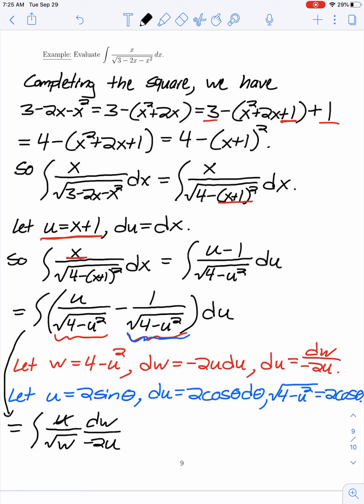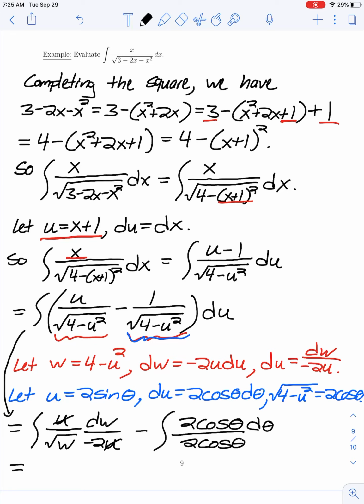So we see here that that factor of u will cancel on top and bottom, so this is why we can get away with a regular substitution instead of a trig substitution. And then we were subtracting the integral of du, which, using our trig substitution, is 2 cosine of theta d theta, over the square root of 4 minus u squared, which we said is 2 cosine of theta.